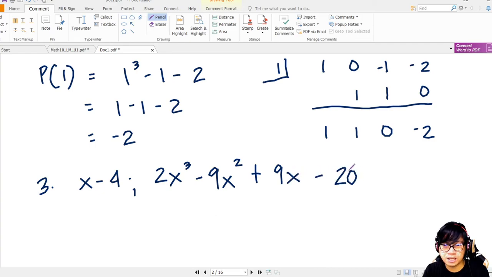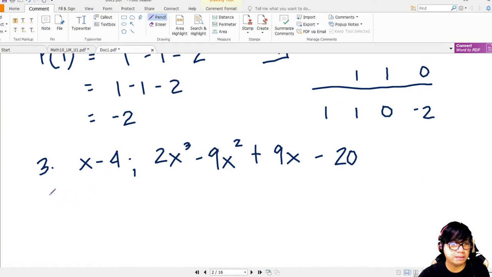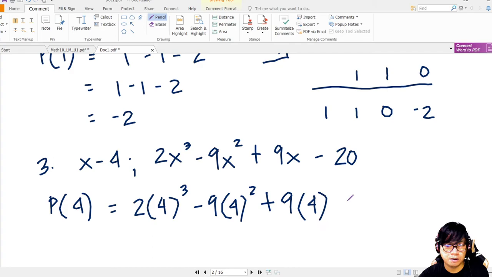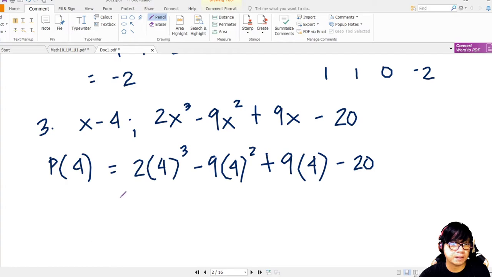Let's verify if x minus 4 is a factor. Using the remainder theorem, we have p of 4, because the opposite of negative 4 is 4, equal to 2 times 4 cubed minus 9 times 4 squared plus 9 times 4 minus 20. You can use your calculator in simplifying this one.